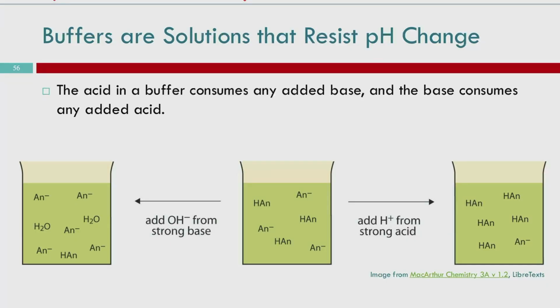So in this diagram, we've got HAn and An minus. An is just anion, and HAn is the weak acid.